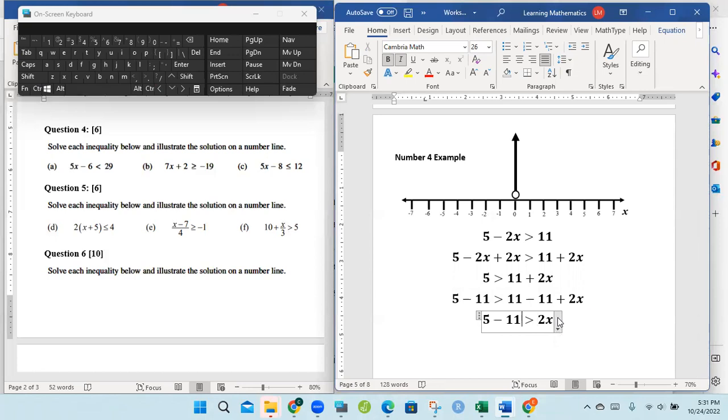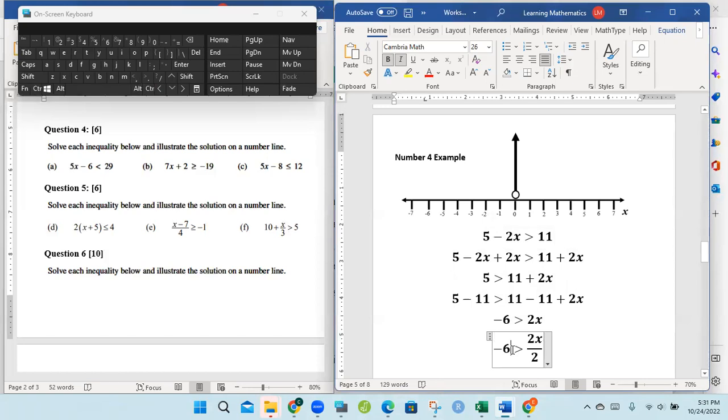5 take away 11. We're trying to take away 11 from 5. You will still have 6 more to take away, commonly known as negative 6. It means you still have 6 more to take away, because you can call that sign take away also. So now we are going to divide by a positive 2. So you can appreciate why we made that negative 2 positive in the first place, because we want to divide by a positive number.